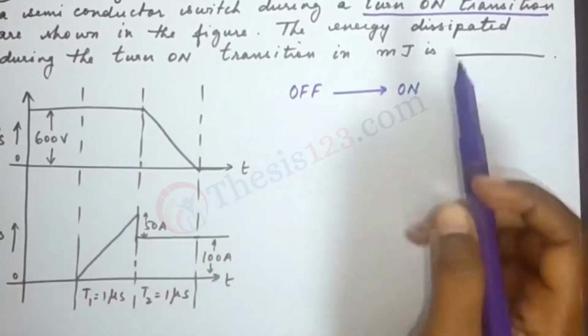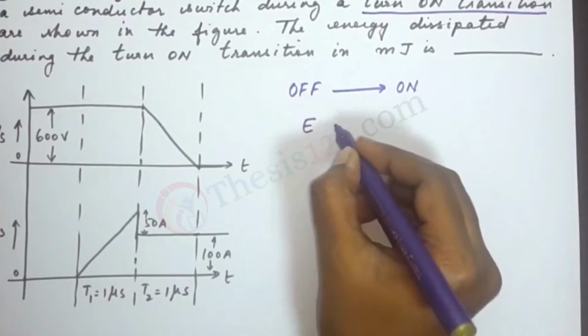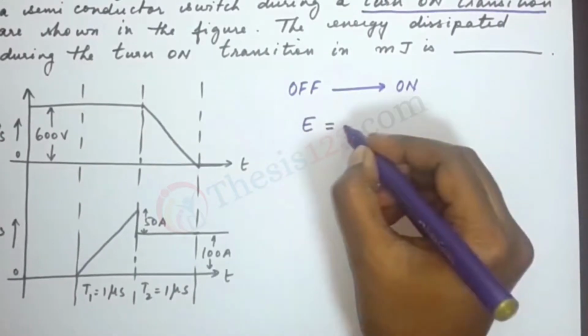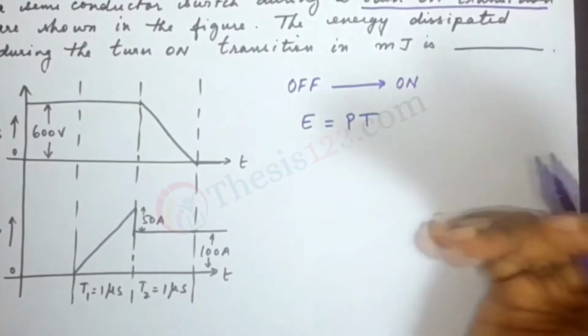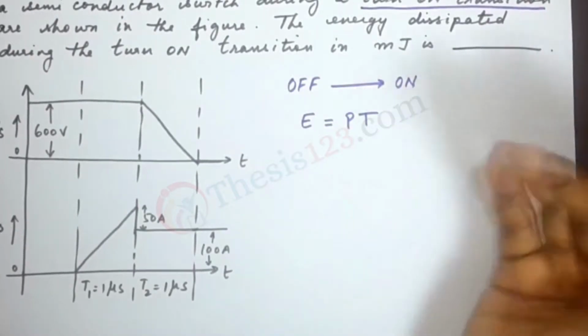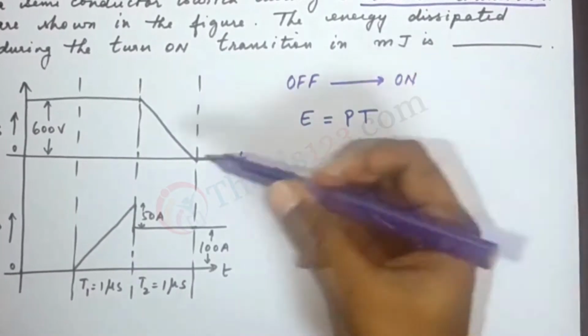Since we are to find the energy dissipated, let's write down the general formula for energy: power multiplied by time. Because this is not an ideal switch, we don't have a fixed value for power.